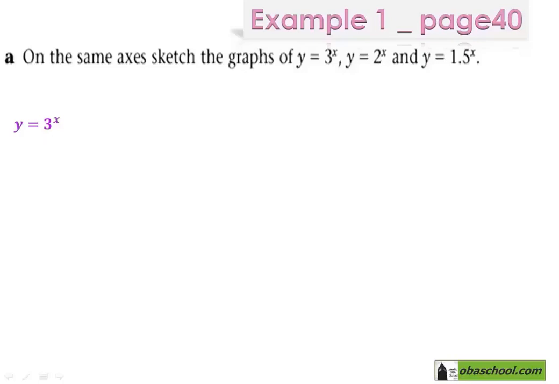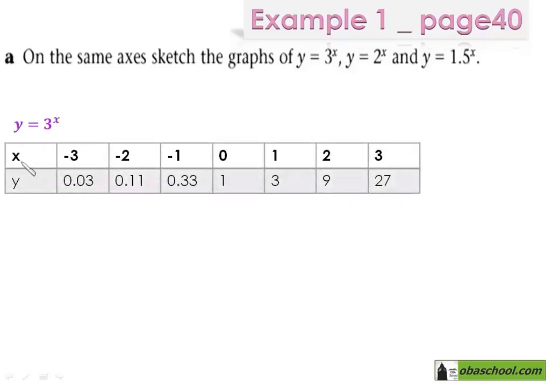For the first one, y equal to 3 to the power x, here are our particular points. For the first one, when x was equal to minus 3, y was equal to 0.03, and so on for the other points. We substitute the value of x as given, and solve to find the value of y. Now I'm going to show you how we did that.